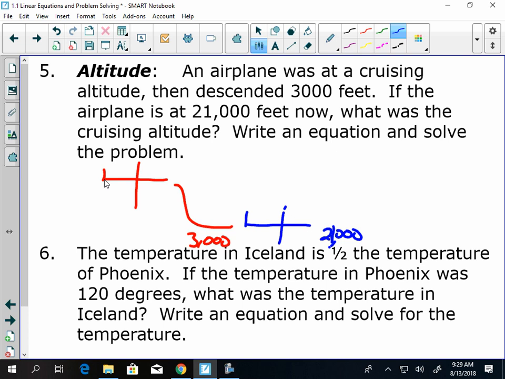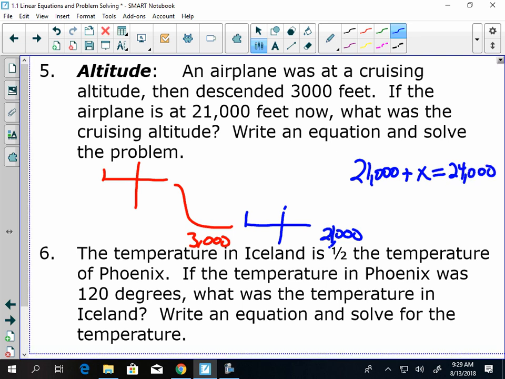It's cruising along. It lowers by 3,000 feet. Now it's at 21,000 feet. So 21,000 plus x equals, what does it equal? 24,000 feet.